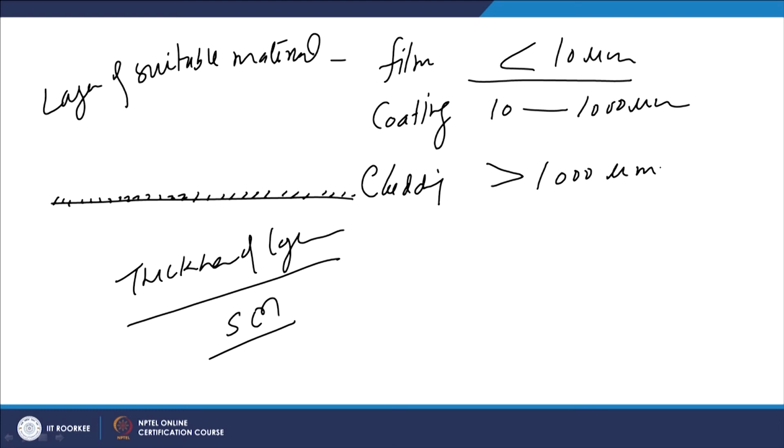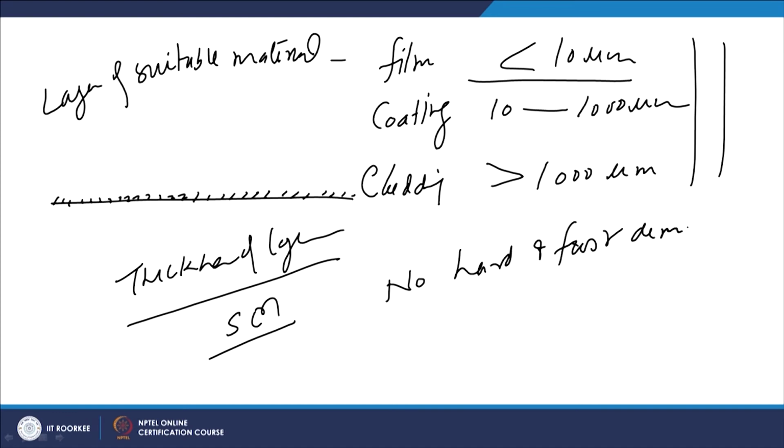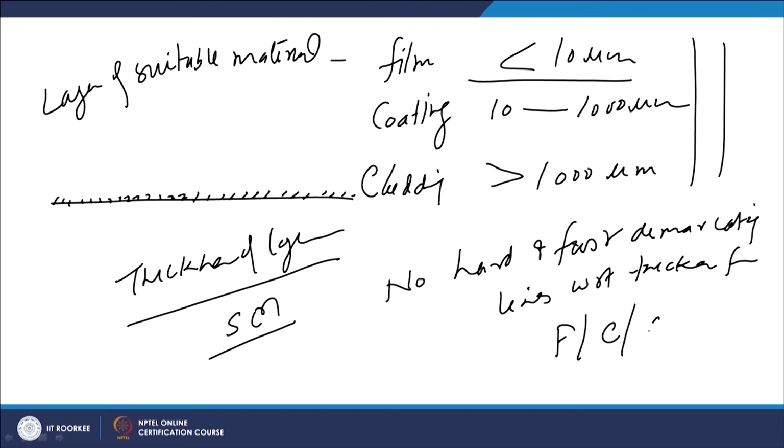So, this is a broad grouping, however, there is no hard and fast demarcating lines with respect to thickness for categorization of a layer in form of films or coatings or claddings.